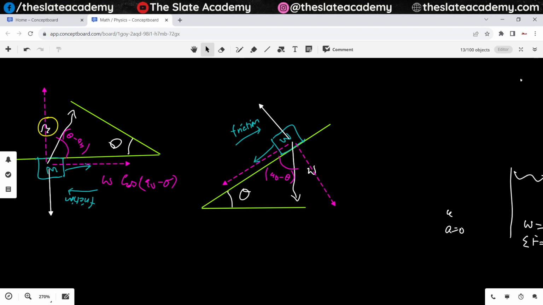So this would be W sin(90 minus theta). Yes, sir. Note this down, then I'll talk about the next thing.